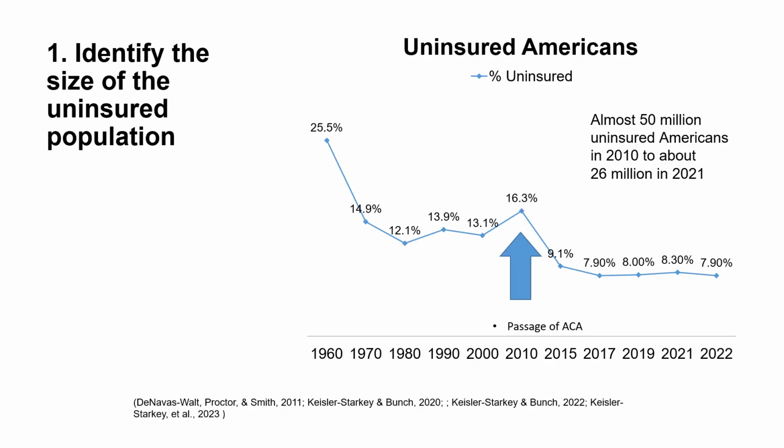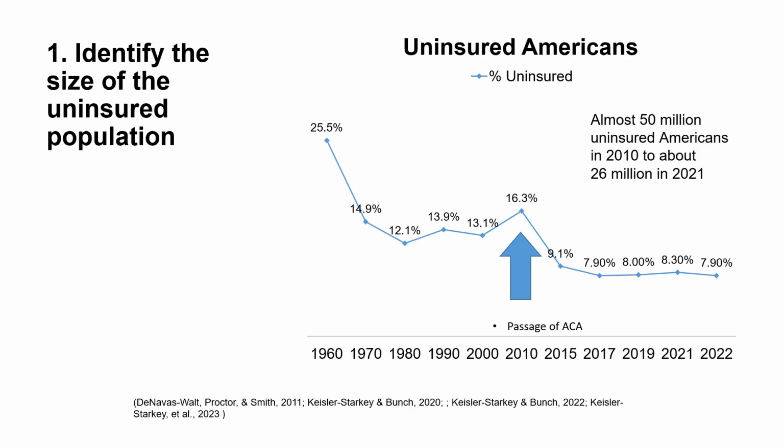Now, we know that, again, not new information, but back in 2010, in the year that the ACA was signed into law, there were about 50 million uninsured Americans, about 16.3%, and that by 2021, that decreased to about 26 million, or about 7.9% of the population.